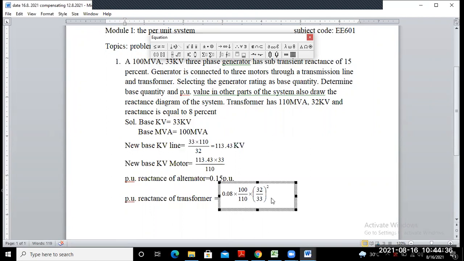If you solve this equation, you will get almost 0.0683 per unit.